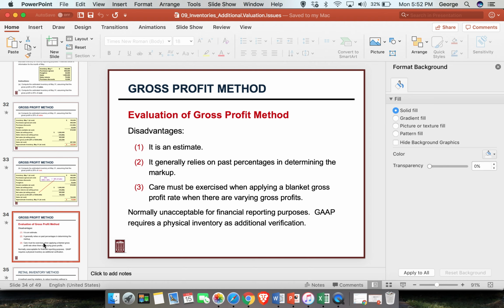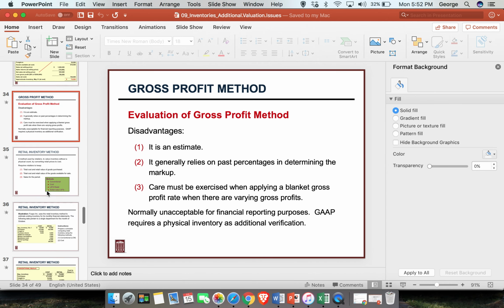Due care must be exercised when applying a blanket gross profit rate when there are a number of varying gross profits used throughout the firm. Normally, it's really unacceptable to use the gross profit method for financial reporting. If you're going to use it, you have to have a physical verification. In other words, you have to count all your inventory. So companies don't normally use it. They use it, but it's used more for estimating rather than for FASB.